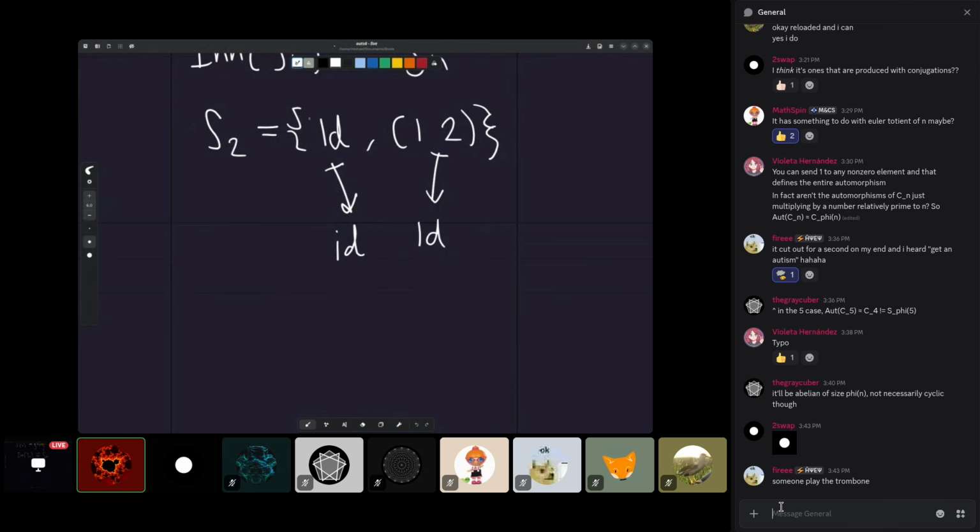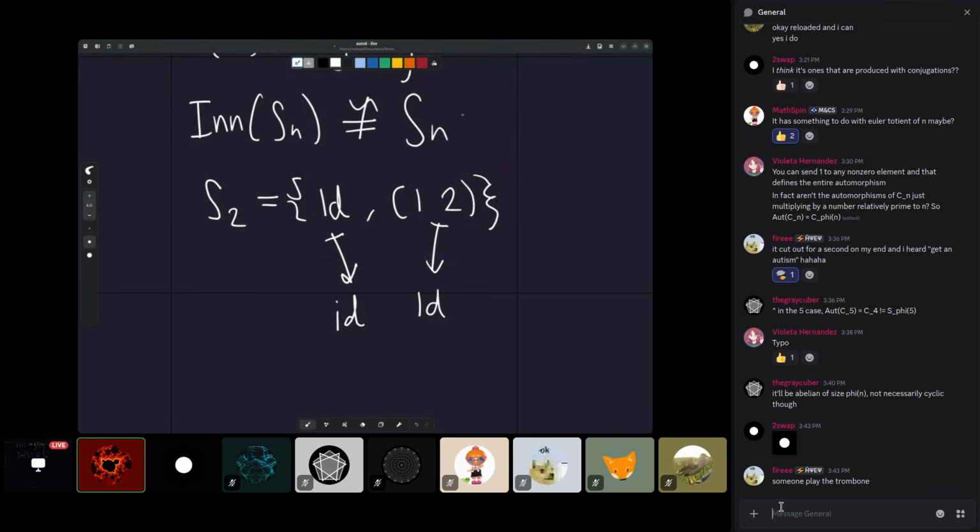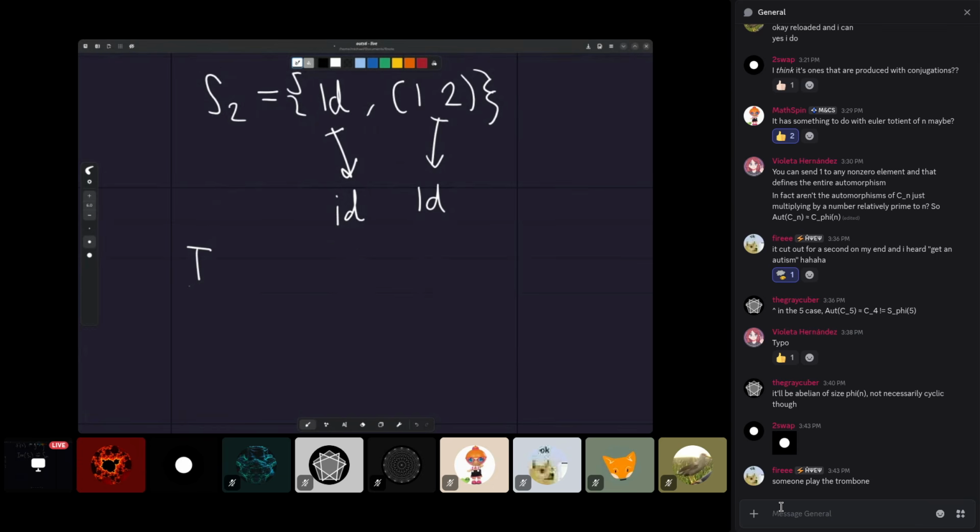So actually, this is not true. When n is 2, the inner automorphism group of S2 is just the trivial group.